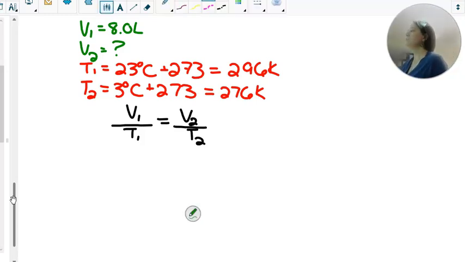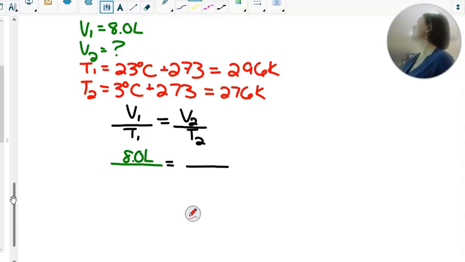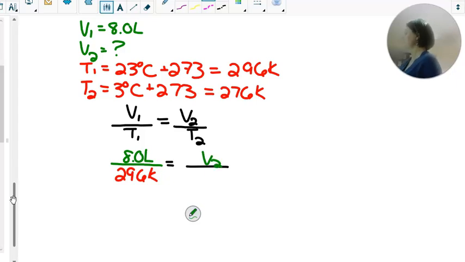So our initial volume is 8.0 liters over let's say 296 Kelvin. And then our second volume, well, that's our variable, and over our second temperature, which is 276 Kelvin.